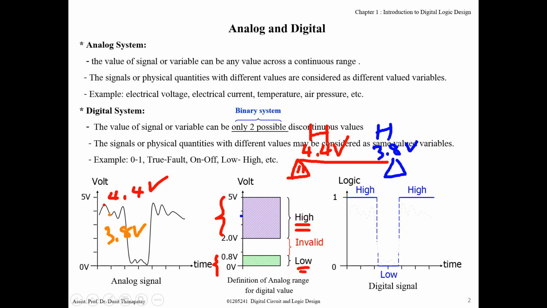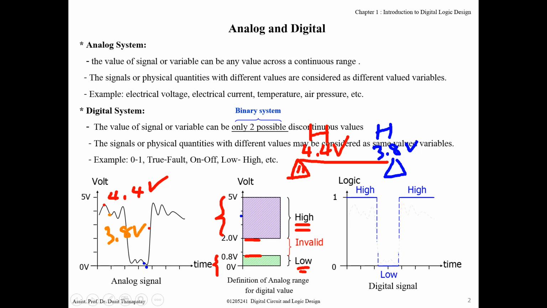For logic low also, it may be 0 or 0.5. There is a gap that separates the logic high and logic low values. Anyway, a value between 0.8 and 2 volts is invalid, not high, not low.